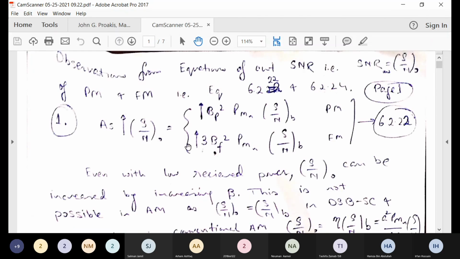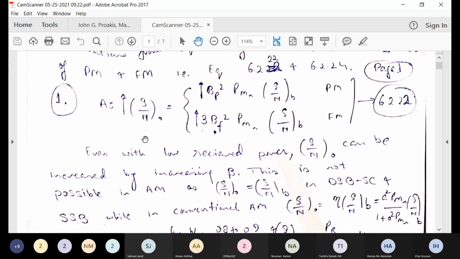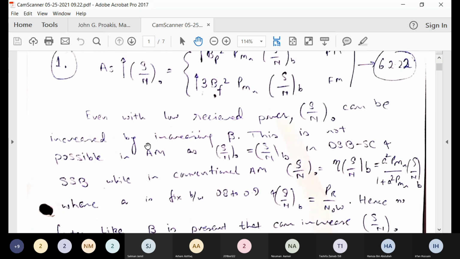I was trying to explain this point, the difference between angle and amplitude modulation. You could see here that as you increase beta, the signal to noise ratio at the output of the angle demodulators increases. But let us see what happens in AM. In AM, for example, if you have double sideband suppressed carrier or single sideband, the signal to noise ratio at the output is equal to the signal to noise ratio at the baseband level.